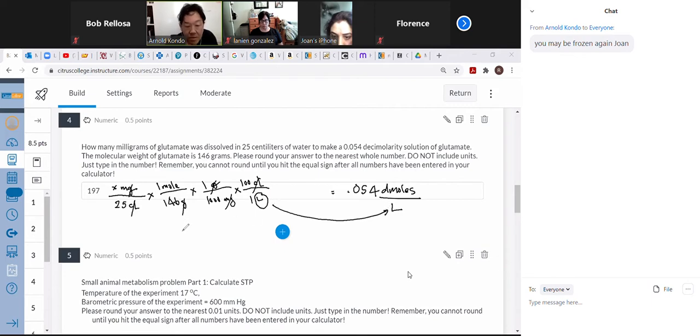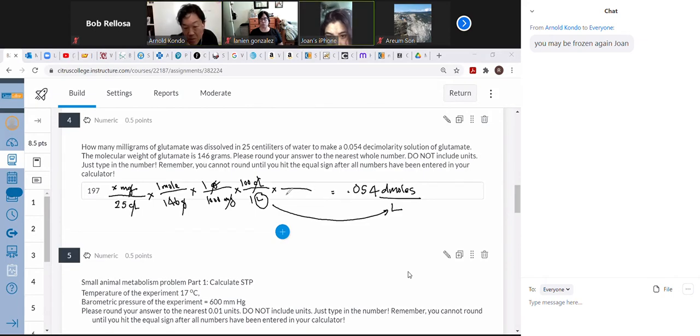And so now, what's the last unit you have? And then the decimolarity. So 1 liter? No, deciliter. Oh, you got moles that you have to get rid of. So what should be down here?